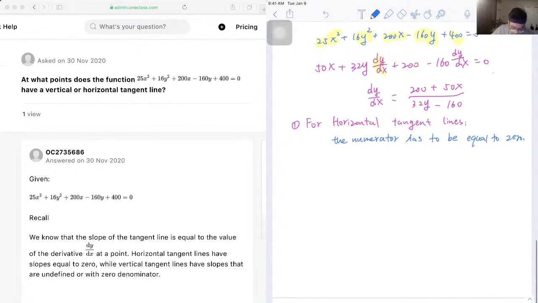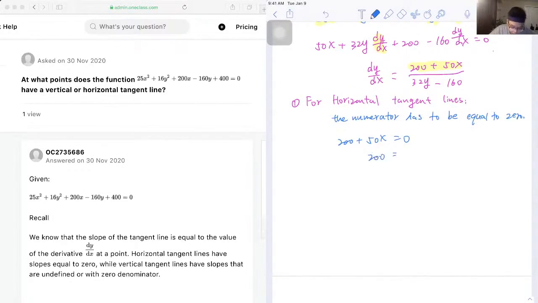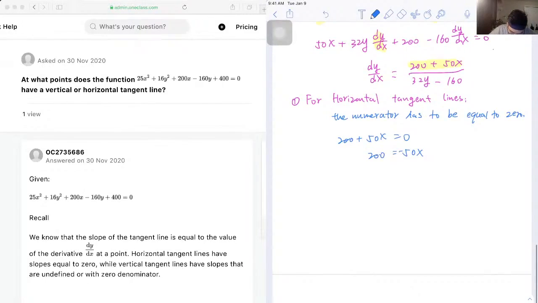So we have 200 plus 50x is equal to 0, as that is our numerator part. And 200 is just equal to negative 50x. And x is equal to negative 4.